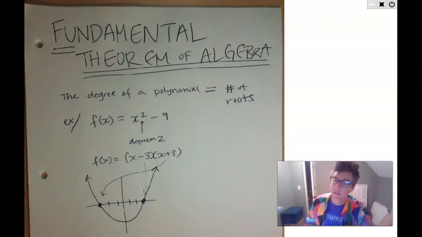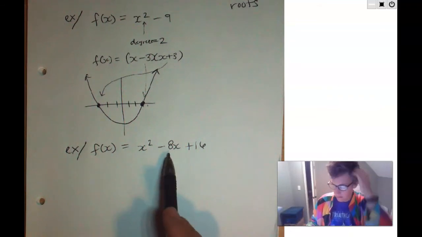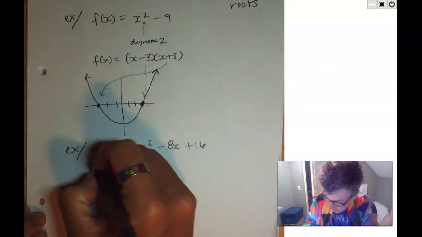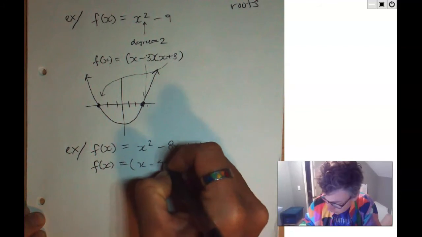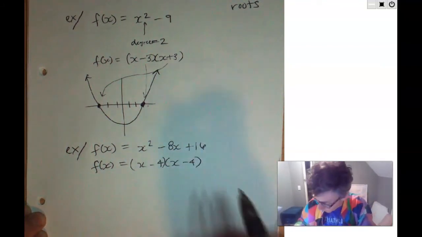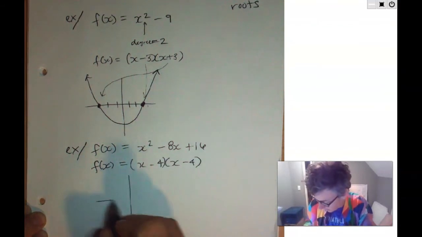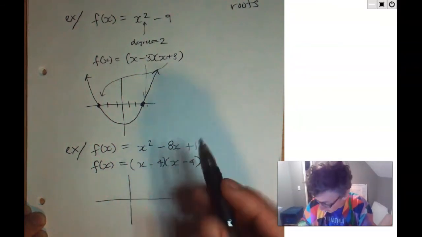We have 2 roots because this is a degree 2 quadratic. Easy peasy lemon squeezy. Okay, so let's say we had x squared minus 8x plus 16. If we put this in factored form, we'd get x minus 4 times x minus 4. We set both of these equal to 0 and solve, and we'd get x equals 4 in both places.